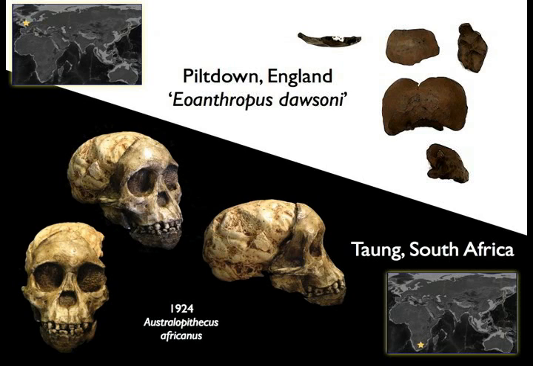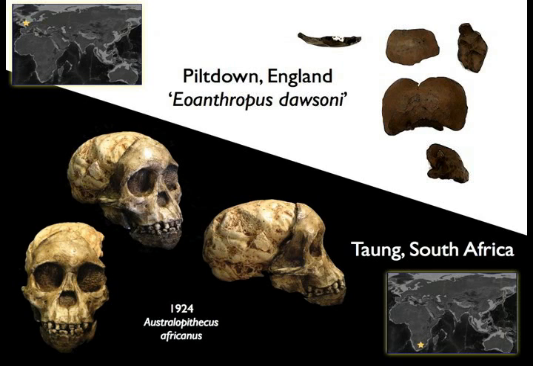The Taung child's really an Australopithecus, and there are lots more fossils found from that area that document this. But it's a classic example of how people's expectations shaped what they believed would come out of the ground, and everybody was wrong. We must learn that lesson in human origins.